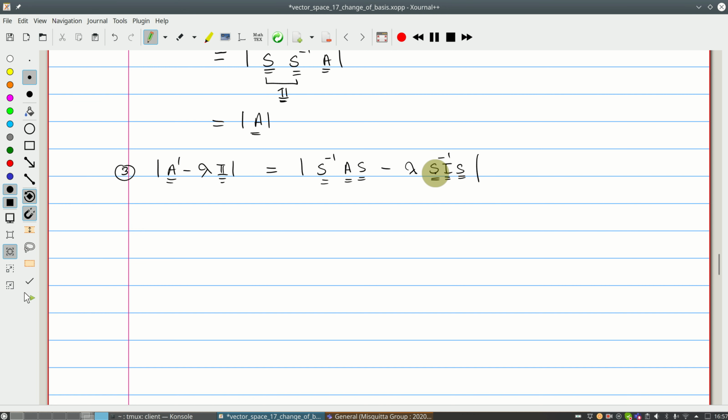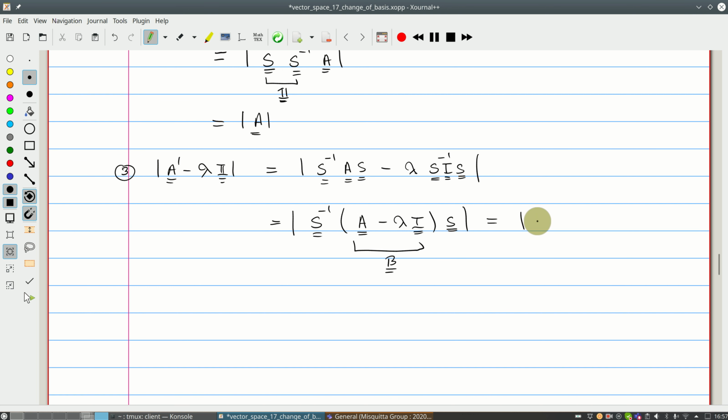Alright, now you can see there's an S inverse S on both of these. That's what I wanted. So we write this as S inverse, parenthesis, the matrix A minus lambda I, and S. Now you can see where this is heading, because what we now do is call this matrix B.